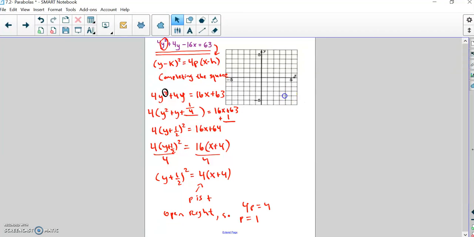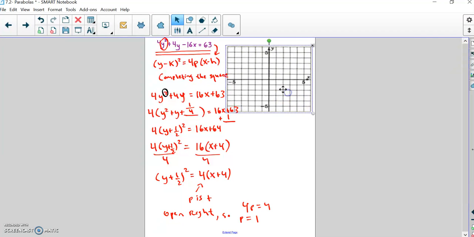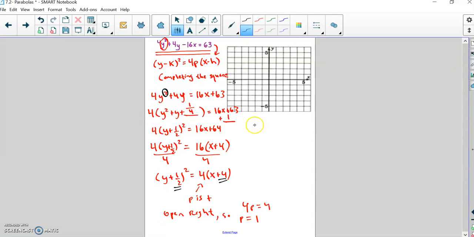So, let's make this a little bit bigger for us here. Let's see what we can do in terms of graphing. The vertex for this curve, remember (h, k), is going to be at (-4, -1/2). So I'm going to go up here and graph the vertex, (-4, -1/2).